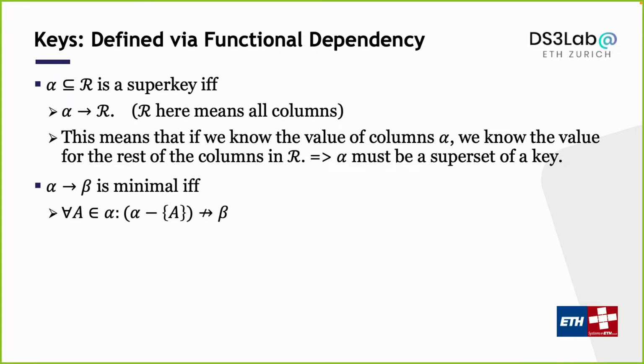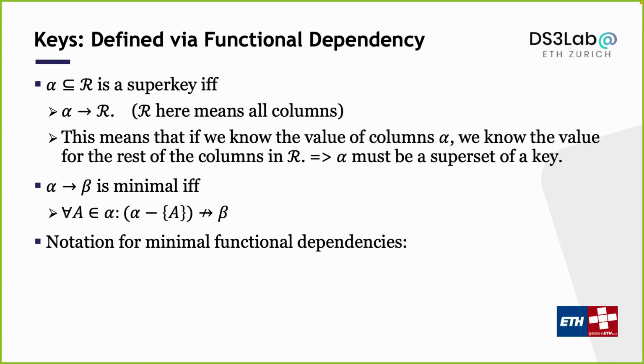We say the functional dependency alpha decides beta is minimal if and only if I cannot remove anything from the left-hand side, okay? Which means for all attributes in alpha, if you remove that from the left-hand side, then this functional dependency doesn't hold anymore, okay? That's what we mean by minimal.